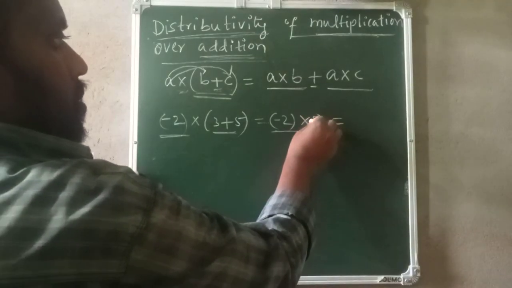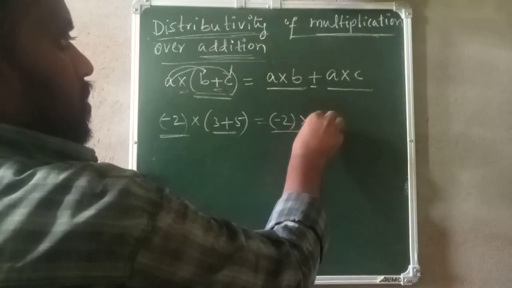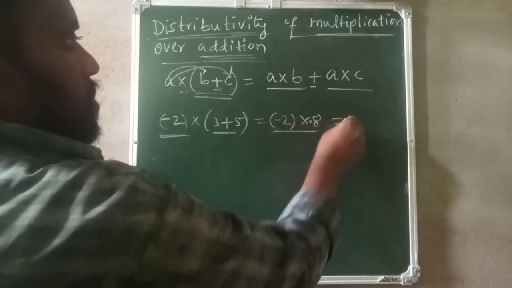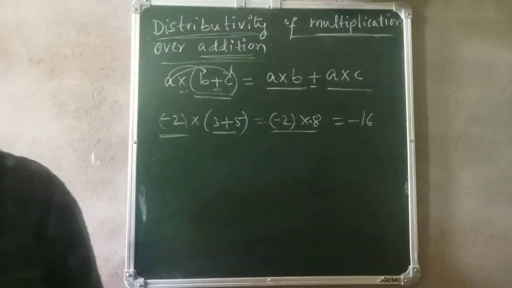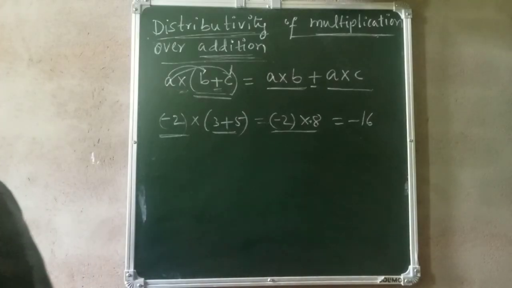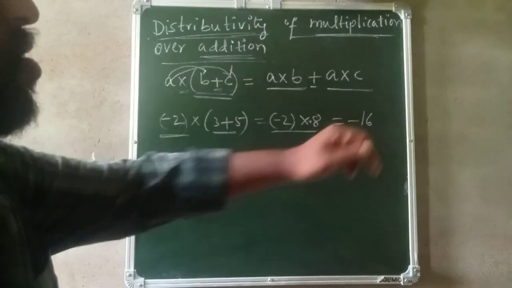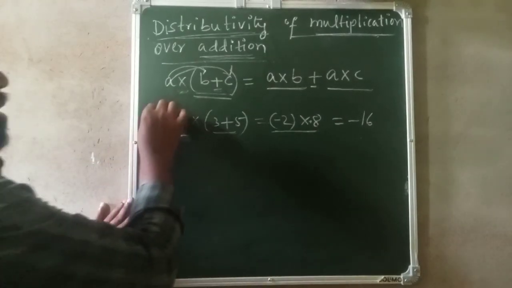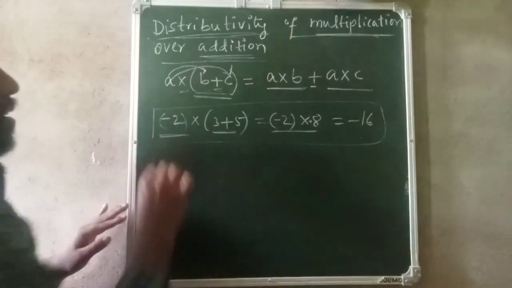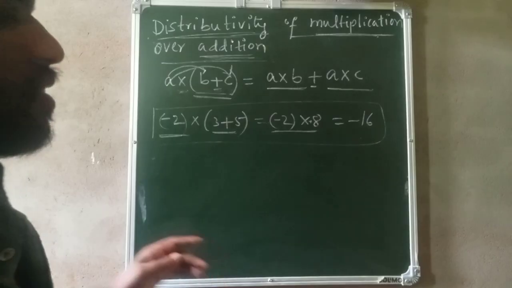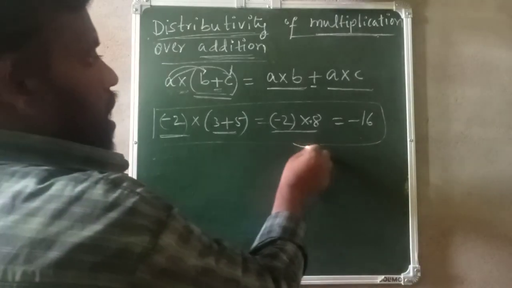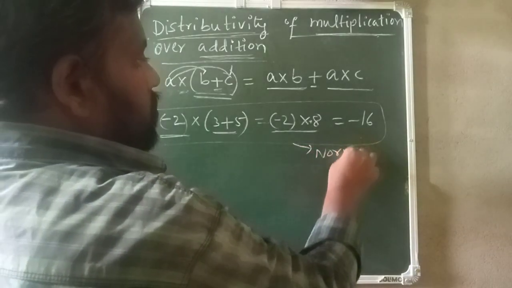So 8 means your plus will be there. Minus into plus is minus, 2 8s are 16. So minus 16. This is what we generally do in multiplication. This is normal multiplication.